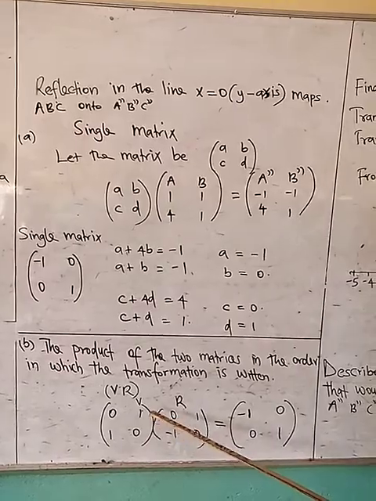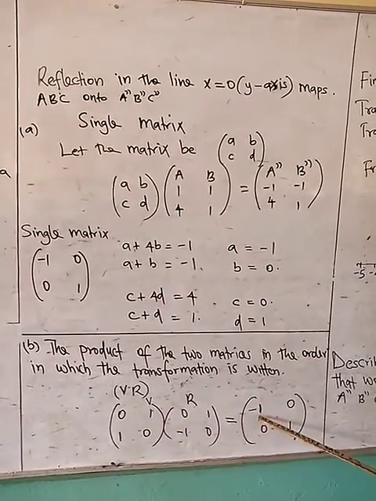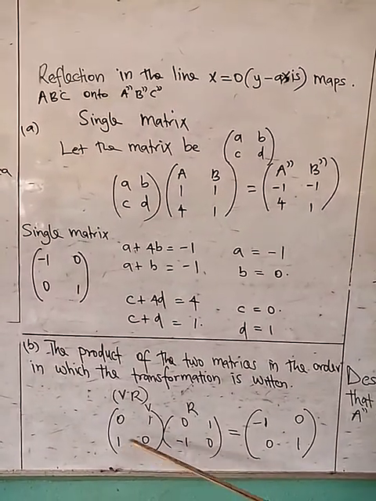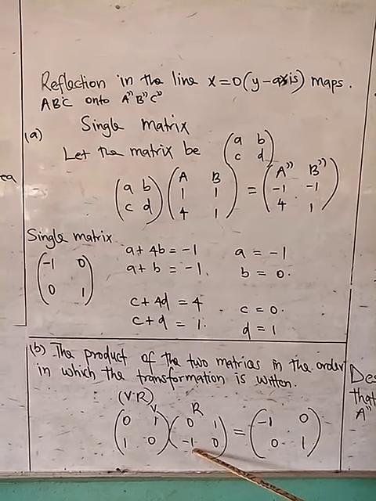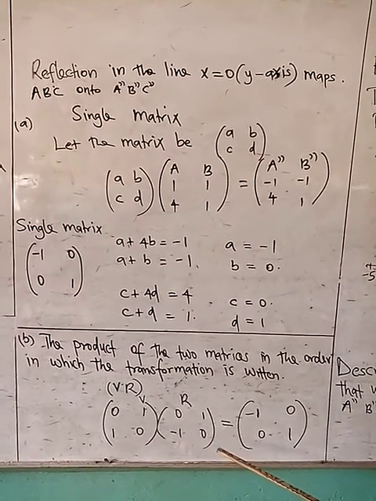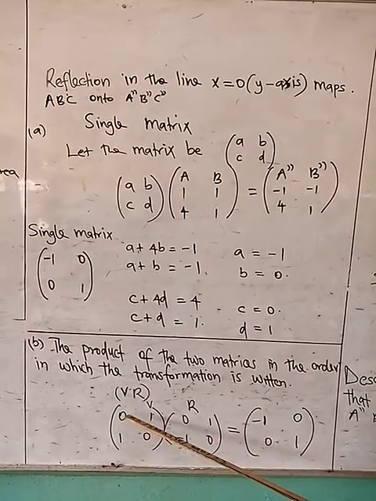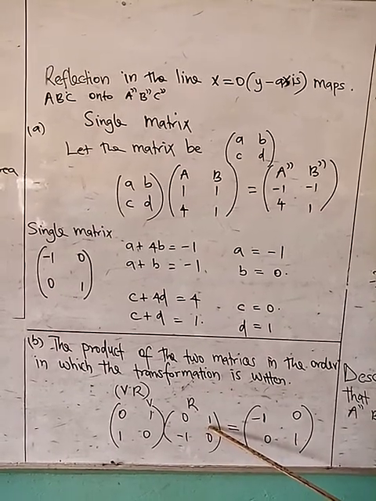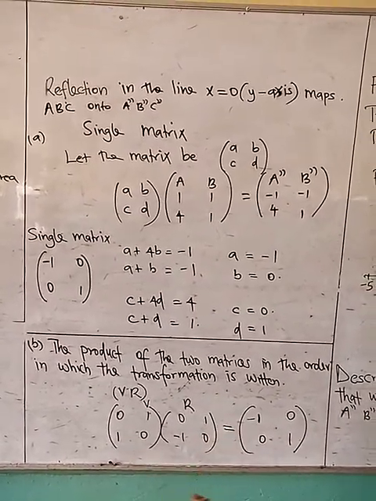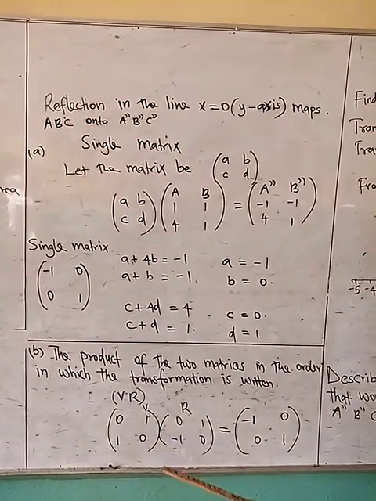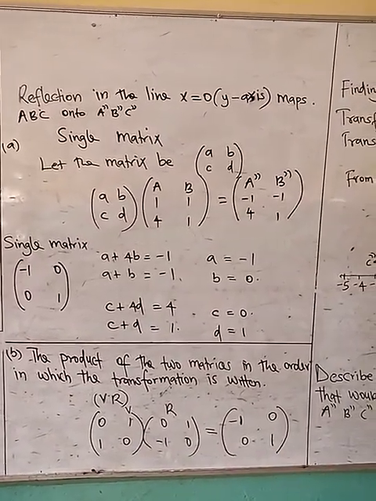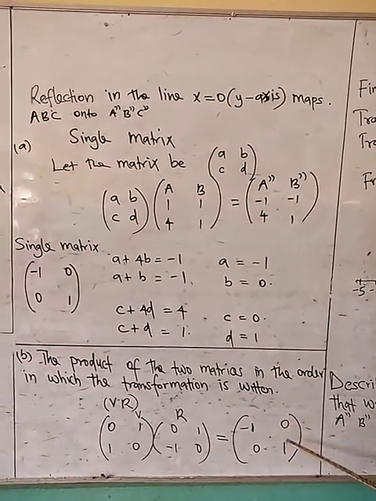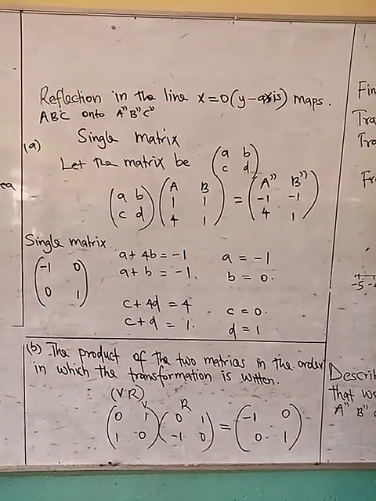Then 0 times 1 is 0, -1 times 0 is 0, so we have 0. Then 1 times 0 is 0, 0 times 1 is 0, so that is 0. Then 1 times 1 is 1, and 0 times 0 is 0, so 0 plus 1 is 1. So we have the single matrix of transformation as -1, 0, 0, 1.